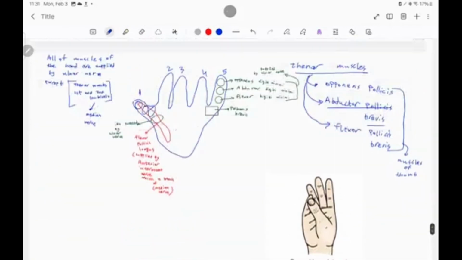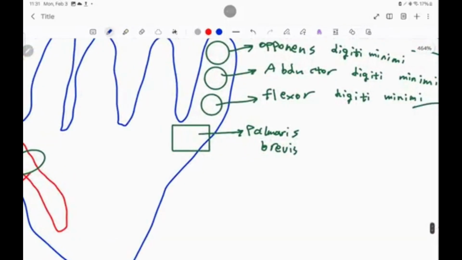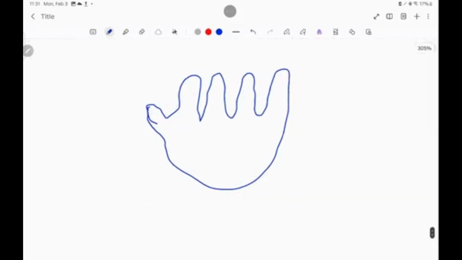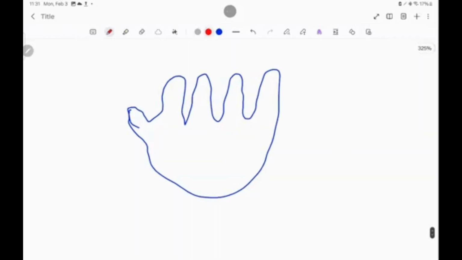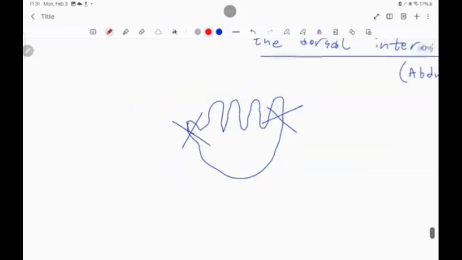Just to recap, I'll emphasize the palmaris brevis is supplied by which branch? Superficial terminal branch of the ulnar nerve. Okay, so we do an X on the thumb and the little finger. We have now three fingers.